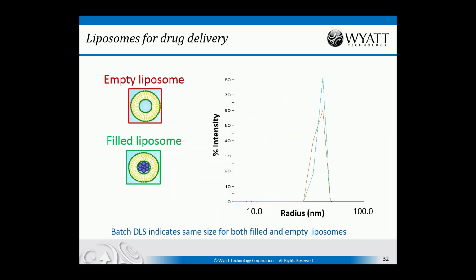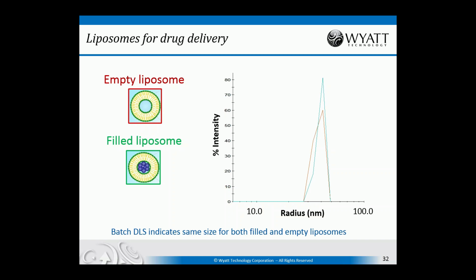Liposomes are, of course, one of the most popular vehicles for delivering drugs in a nanoparticle system. It's really important to be able to know if the liposome is encapsulating, in fact, the active ingredient, the drug. Now, if you measure empty or filled liposomes using dynamic light scattering, if those liposomes were prepared in the same way, they will have the same size.